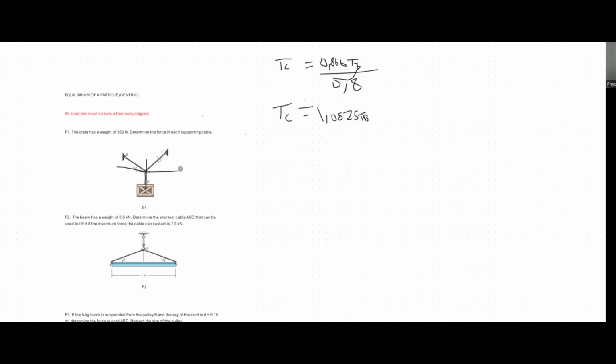We have obtained that TC is equal to 1.0825 TB.